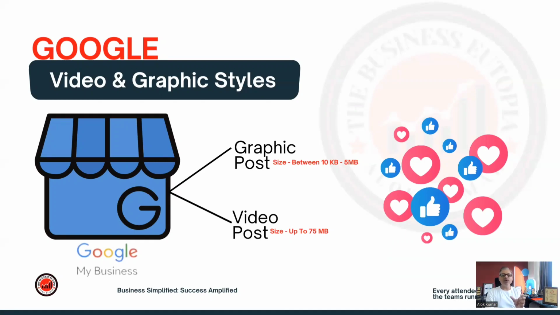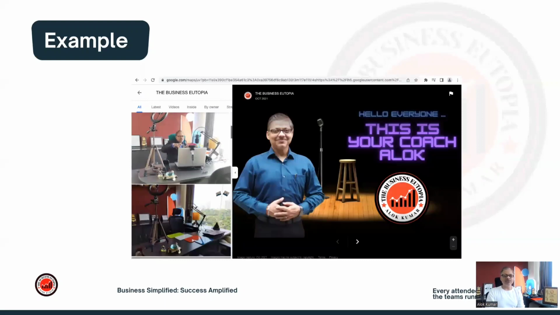So whatever video you create for Google, let's create in a 16:9 ratio, which is preferred, and the size should not go beyond 75 MB, else it won't upload. Right? Now these are a few of the examples which we have already done for ourselves.